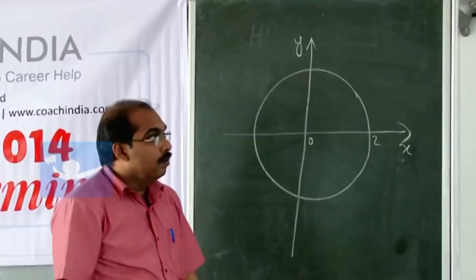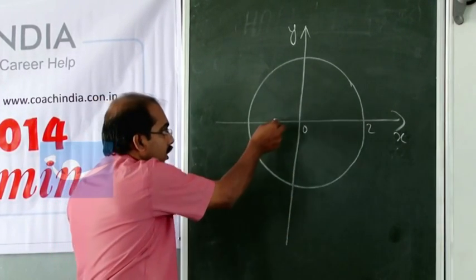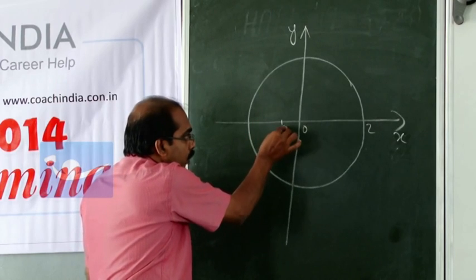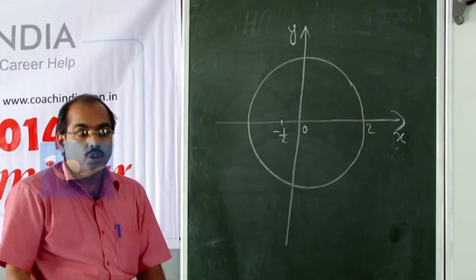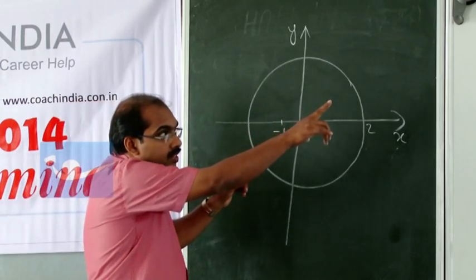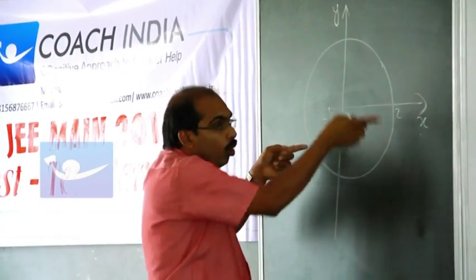And the minimum value of z plus 1 by 2 can be obtained by z equal to minus 1 by 2, meaning this is the point. The minimum distance means, first of all, mod z greater than or equal to 2 means it is the exterior of the circle and on the circle.